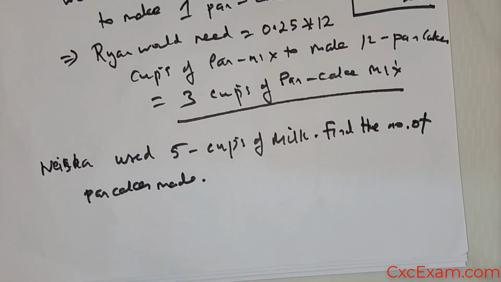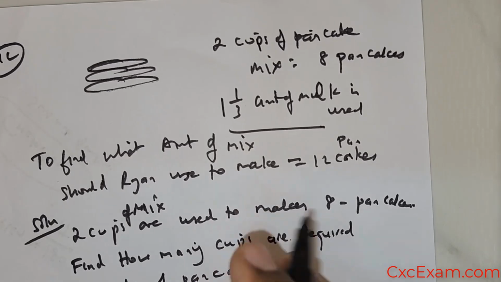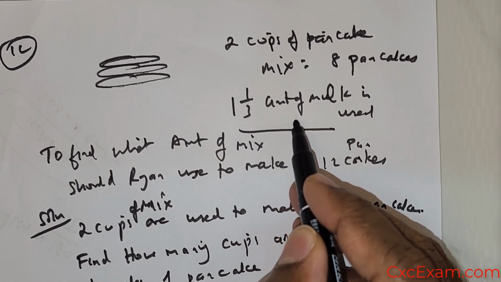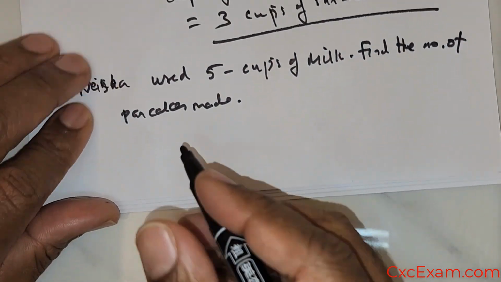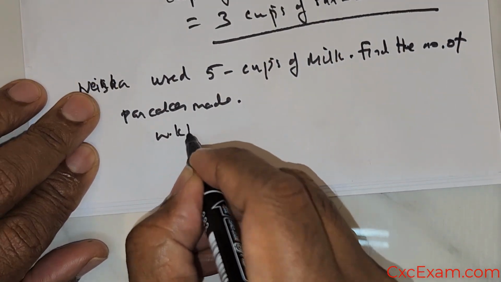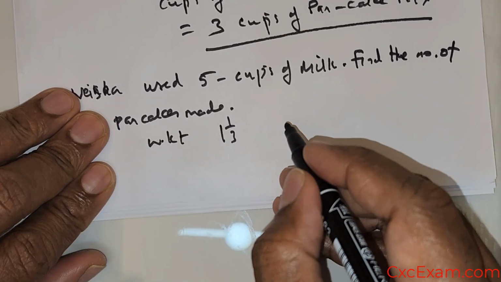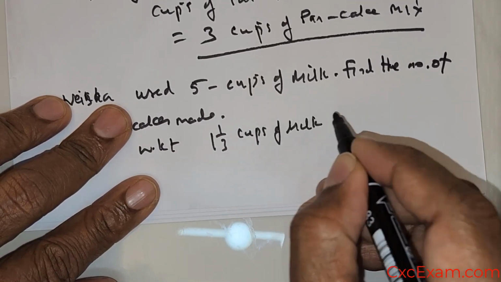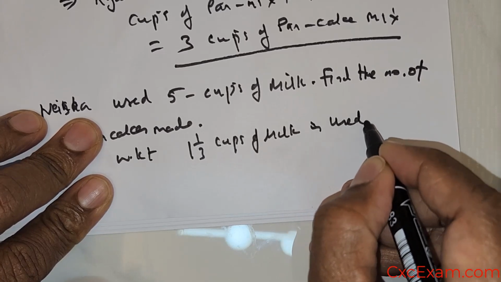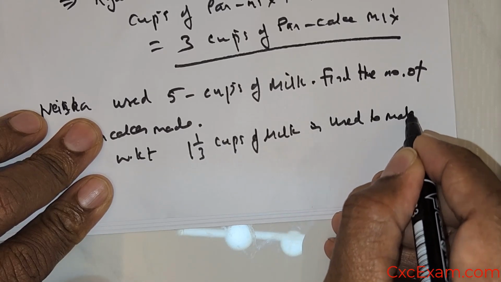Now the original data, if you look into it, you see that 1 and 1/3 cups of milk is used to make how many? 8 pancakes. So I'm going to write that. We know that 1 and 1/3 cups of milk is used to make 8.